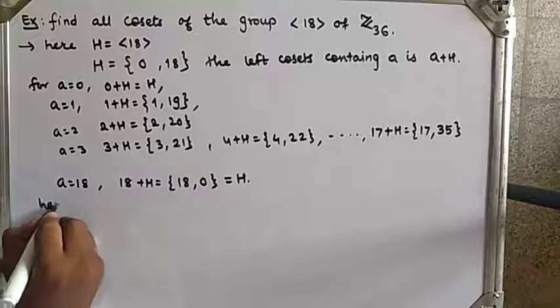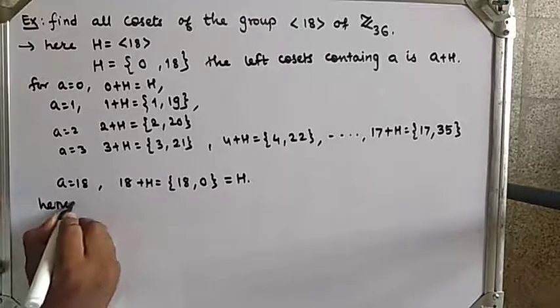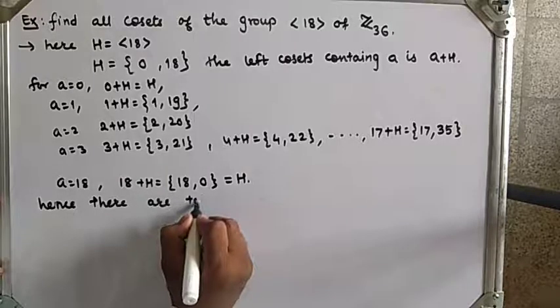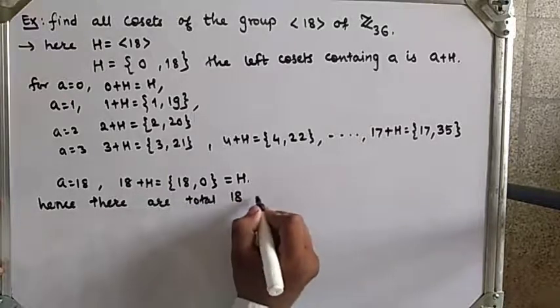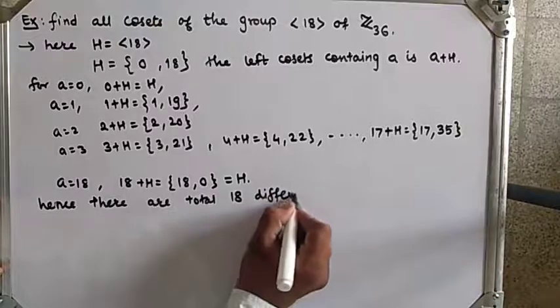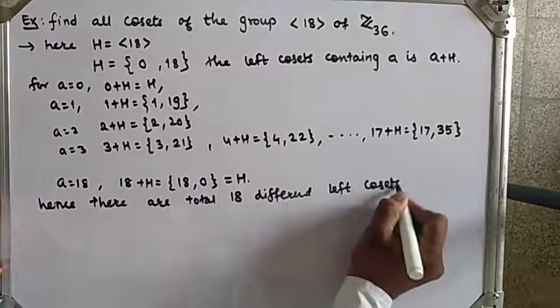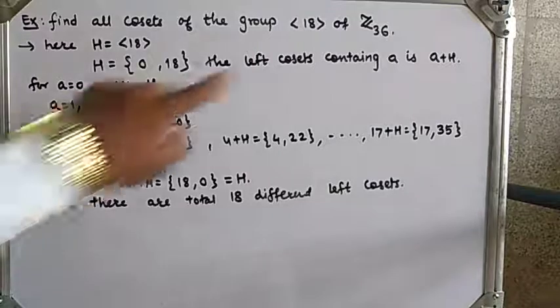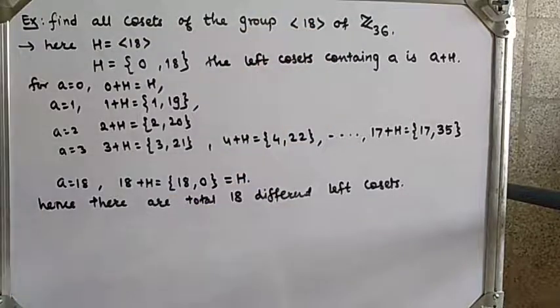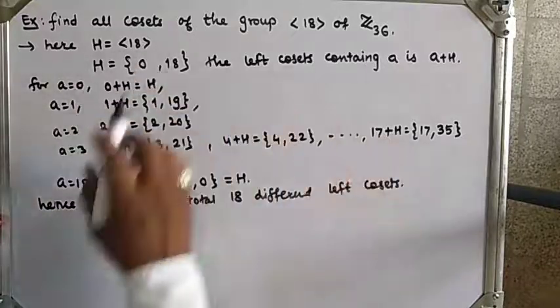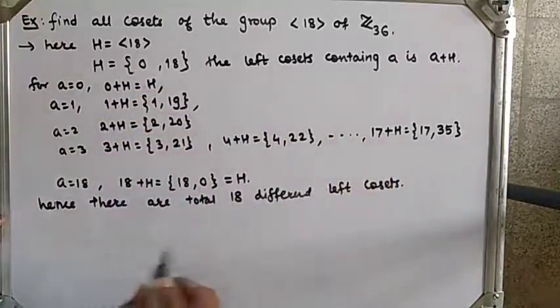Hence there are a total of 18 different left cosets, because their union is Z36 and their intersection is empty, since there is no common element between these 18 left cosets.